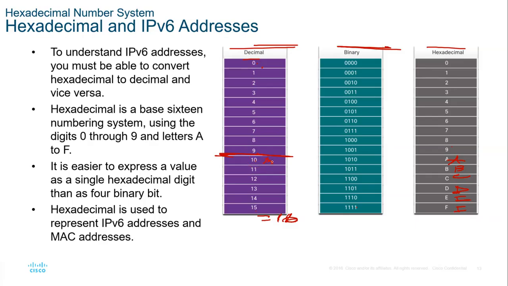That 10 is A, then B, C, D, E, F. Even if you can't cram this, at least you know that starting from 10, we have A. 10, 11 is B, 12 is C, 13 is D, then 14 is E, 15 is F, like that.